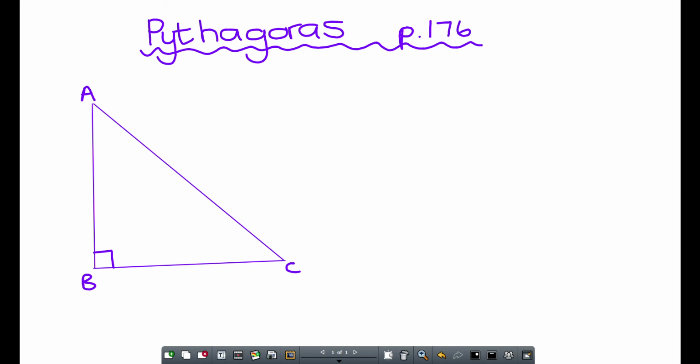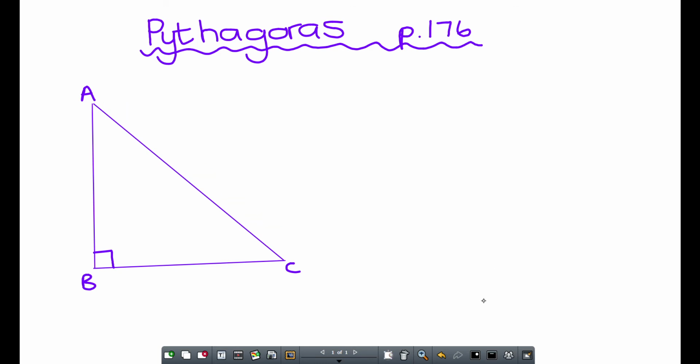Okay. So you will see that I named that triangle A, B, and C. Now, just to quickly make sure everyone is with me, when I talk about that side, I'm going to talk about AB. When I want to talk about this side, I'm going to talk about BC. And this one over here would be AC.